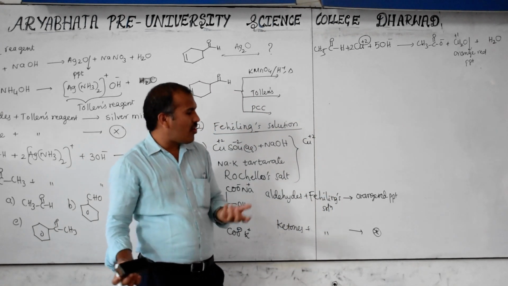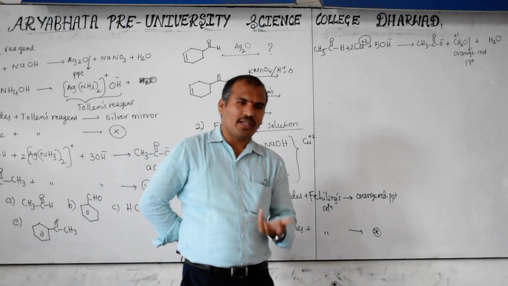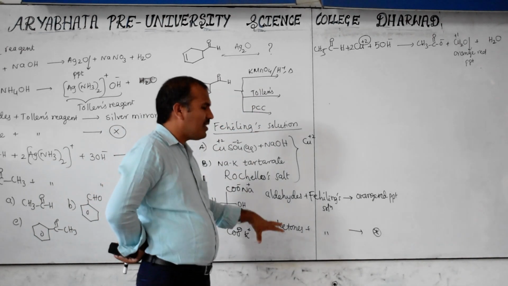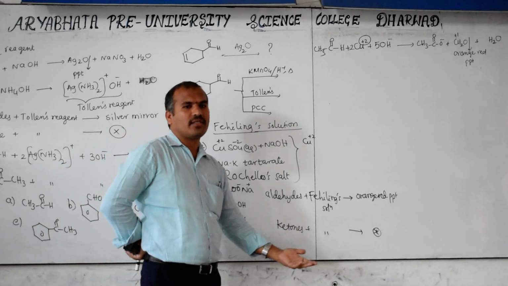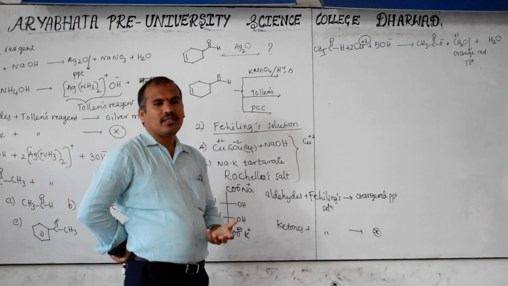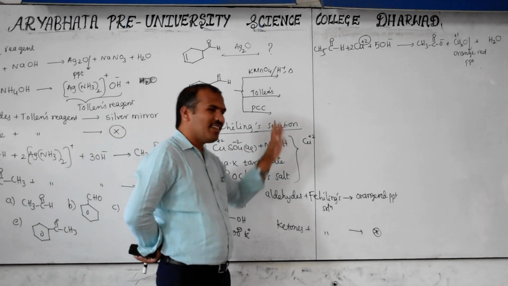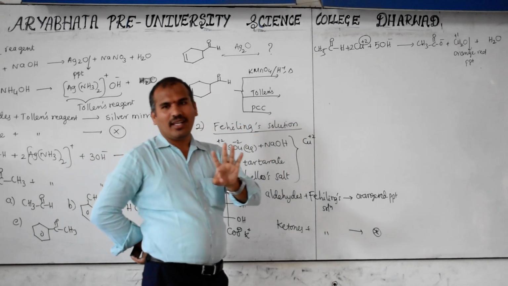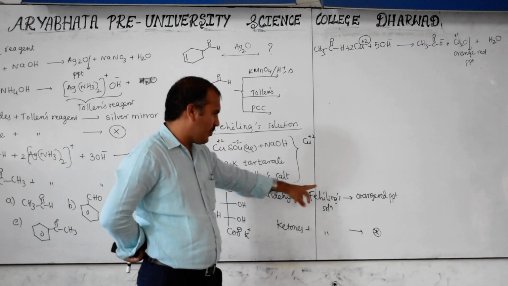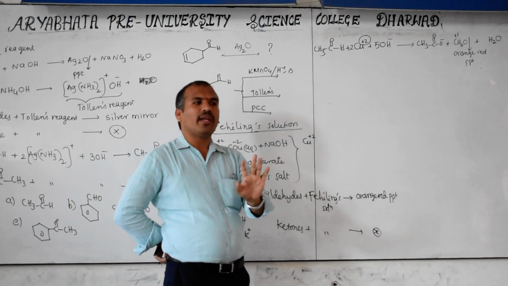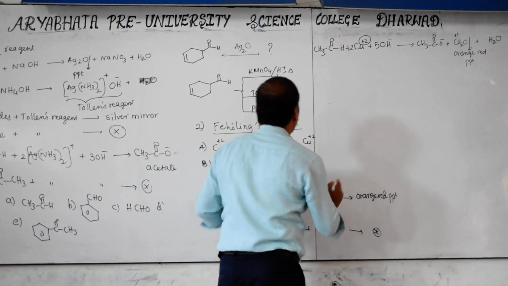Then you may ask how we can understand this, since some give positive tests and some do not. To understand this, a mechanism is required, because we need to see how it participates and oxidizes the aldehyde. The mechanism is somewhat lengthy. If you come to the college, I will explain it. So I am stopping here: only aliphatic aldehydes give the positive test, the orange red precipitate. Aromatic ones do not give.